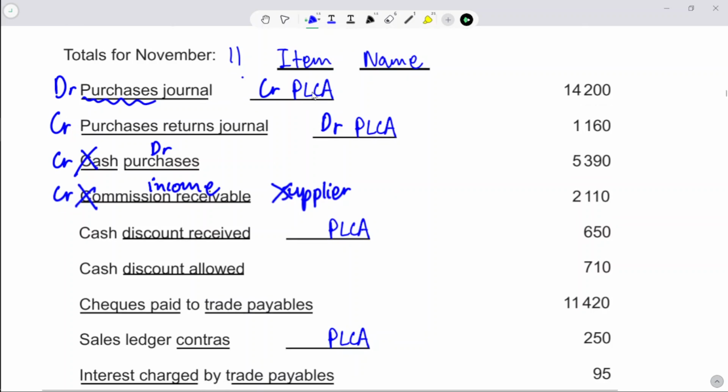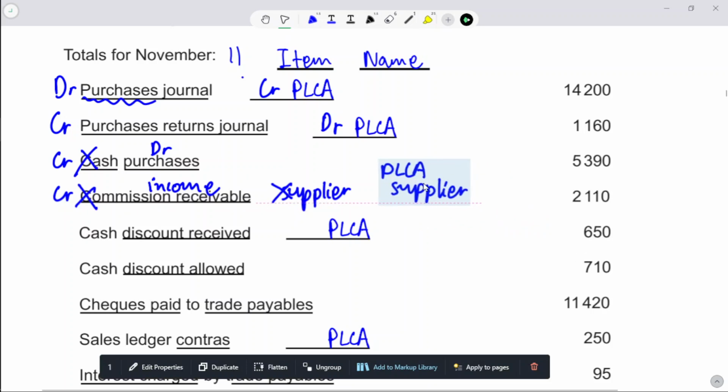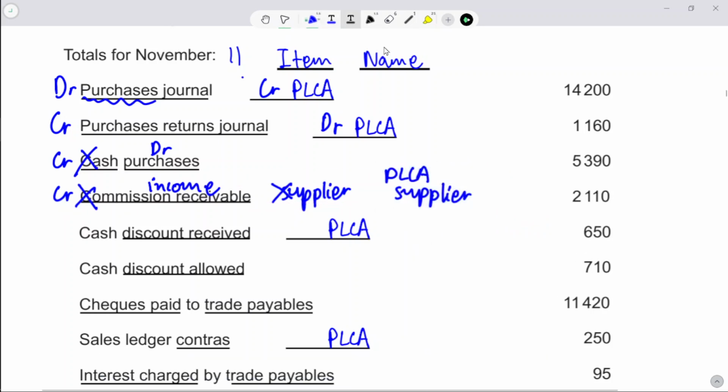Discount receipt. So what you are doing is now PLCA, right? PLCA is supplier, right? So you are the buyer.